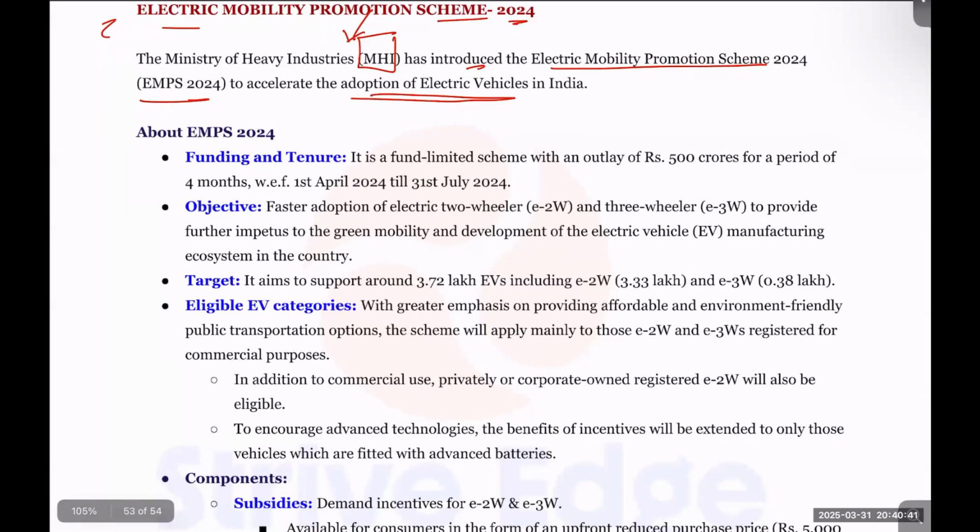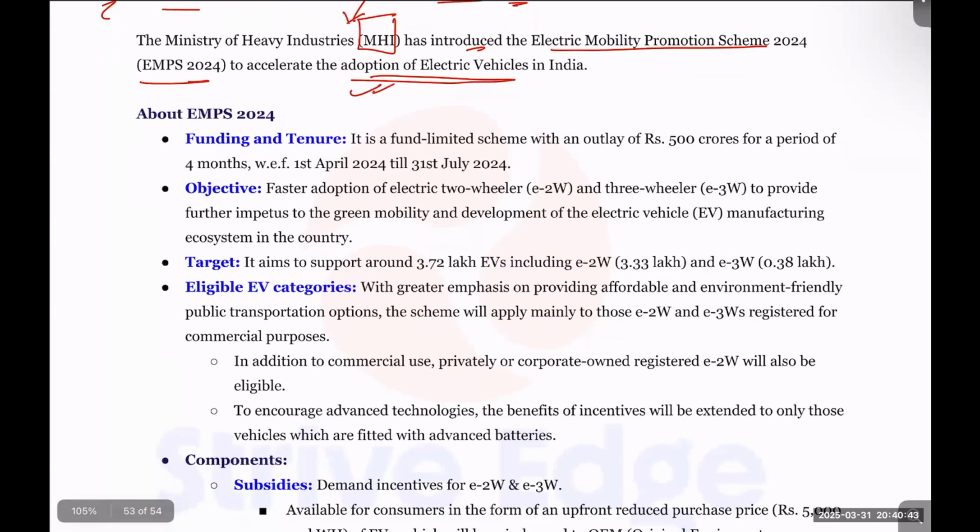So what is the main purpose? Adoption of electric vehicles. About the funding, the outlay will be 500 crore, and it runs from 1st April 2024 to 31st July 2024. This is only a 4-month scheme. Its objective is faster adoption of electric two-wheelers.